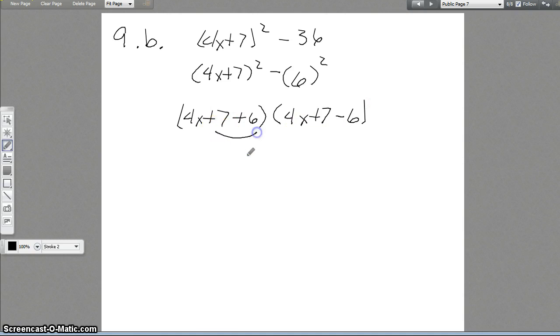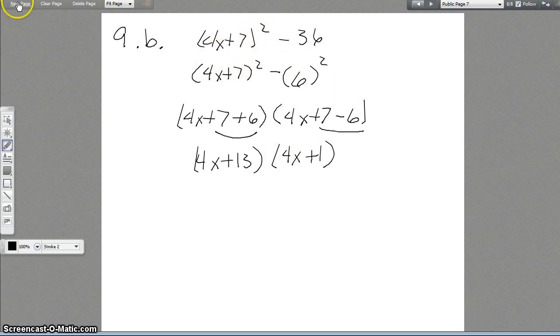In this first parentheses, we have 7 plus 6, so that can be written as 4x plus 13. In the second parentheses, we have 7 minus 6, so that can be written as 4x plus 1. So that is how we would factor out 4x plus 7 quantity squared minus 36.